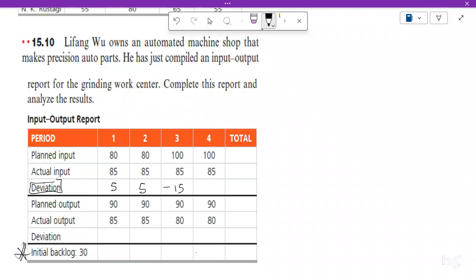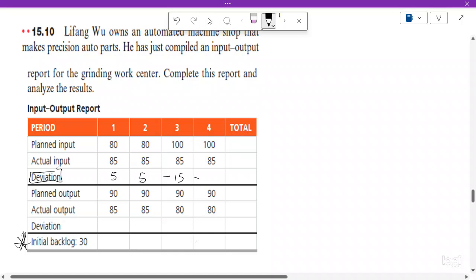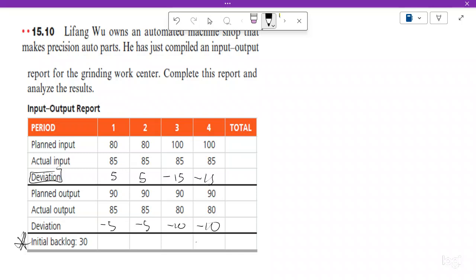And then that minus 15. Okay, then deviation again, 85 minus, that's negative 5 again. 85 minus negative 5, 80 minus negative 10, 10 minus 90, negative 10 again. Then this one we have a 30 on hand. So 85 minus 85. Now we're doing input and output is 0 plus 30.